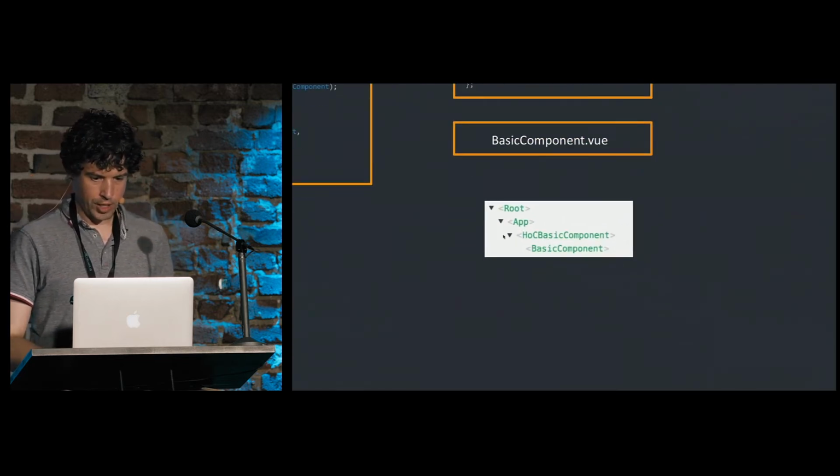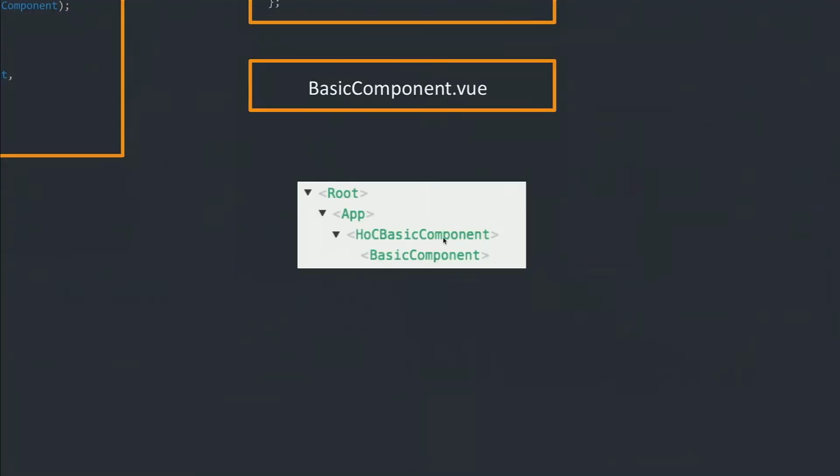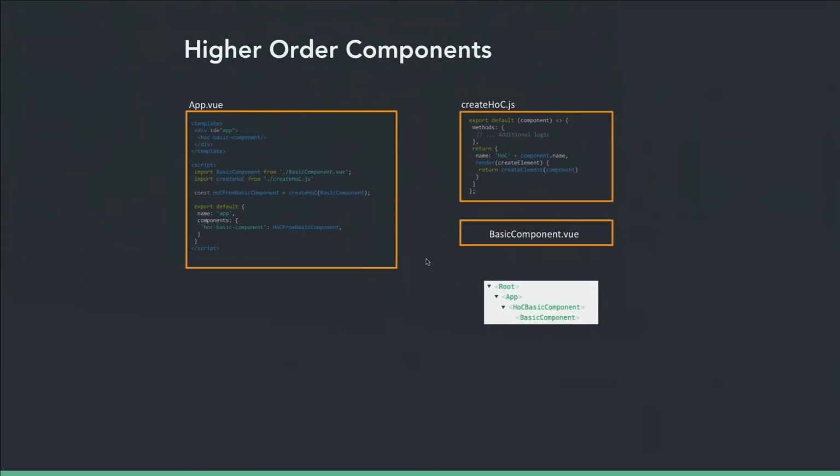We have here the higher order component, and the basic component is wrapped inside of it. So this is a general pattern for how you could enhance components without integrating it into them, because with mixins you have to decide at development time of the basic component to use a mixin inside this component, and a higher order component adds logic from the outside.